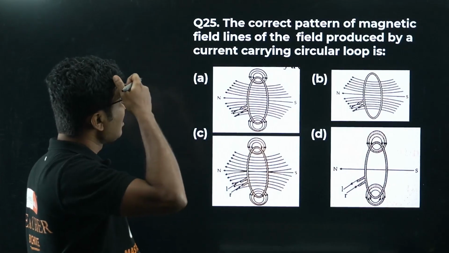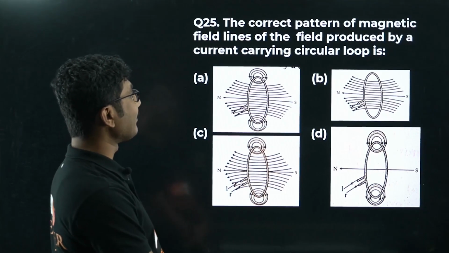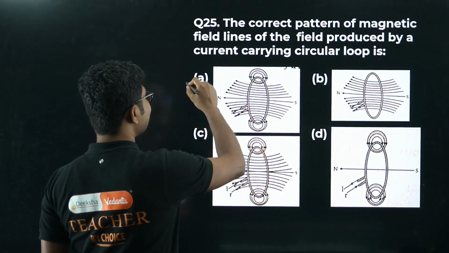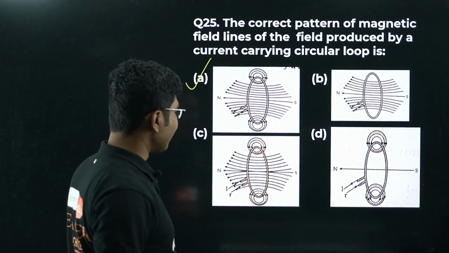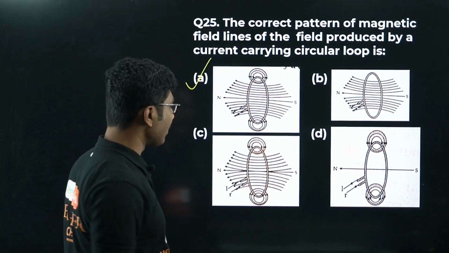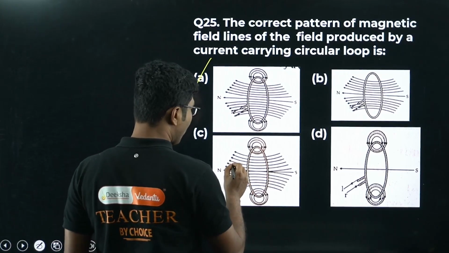Next question. The correct pattern of magnetic field lines of the field produced by a current carrying circular loop. So we have discussed this is the correct diagram. Why is this not the correct diagram? Because inside this, if you see clearly, there is an overlapping of the lines.